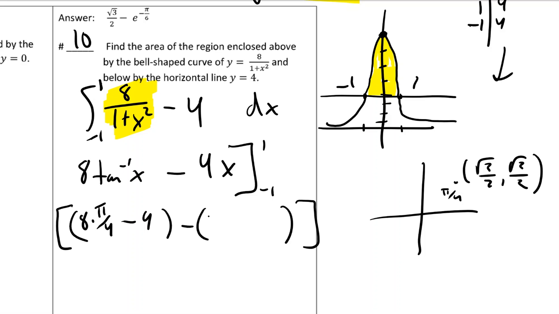Okay, do the same thing with -1. And inverse tangent of -1 would be negative pi over 4, because it's in the range of inverse tangent, and it's where tangent would be -1. Sine and cosine are the same, except one's positive and one's negative.